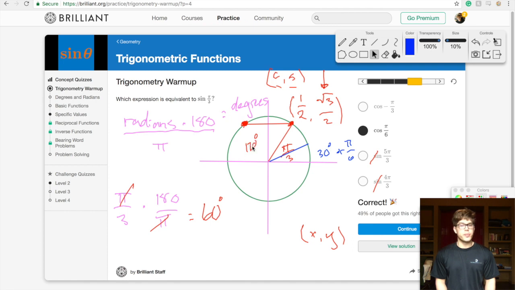This value would be 2 pi over 3, right? And we just don't have that here as an answer choice. So then we go on, we think about our cosine values, and we look at our unit circle and we see that it would map at 30 degrees, which was an option, cosine pi over 6.